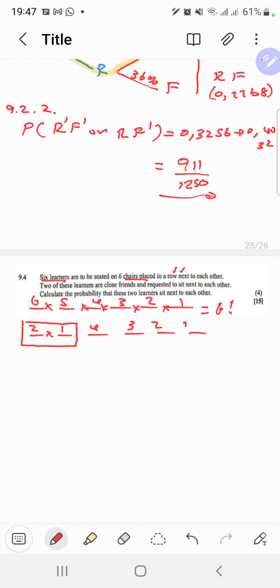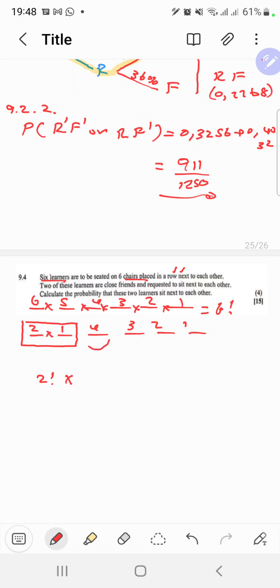Now the question says calculate the probability that these 2 learners will sit next to each other. Okay, so if these 2 learners are to sit next to each other, we're going to have 2 factorial for these guys, multiplied by, what is that?